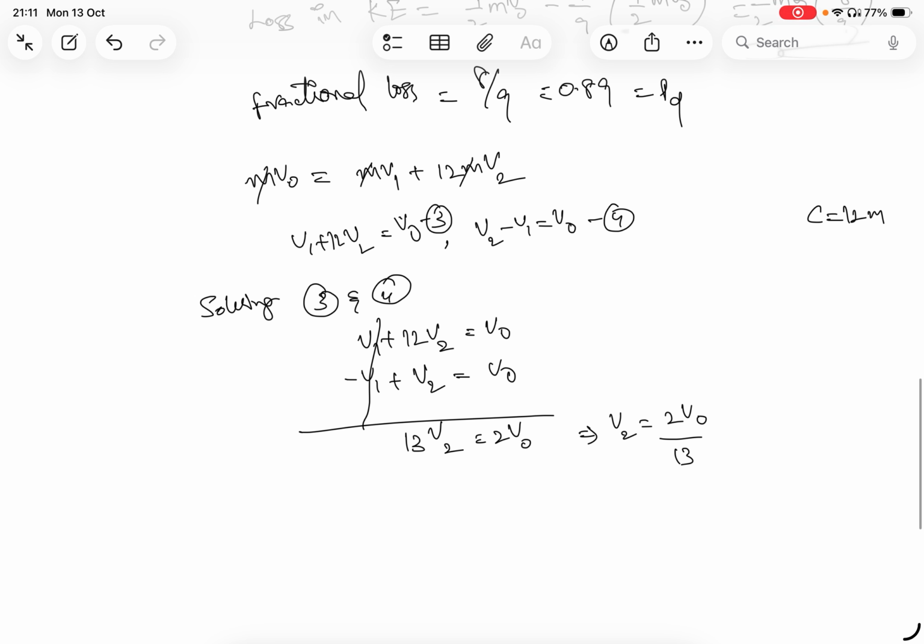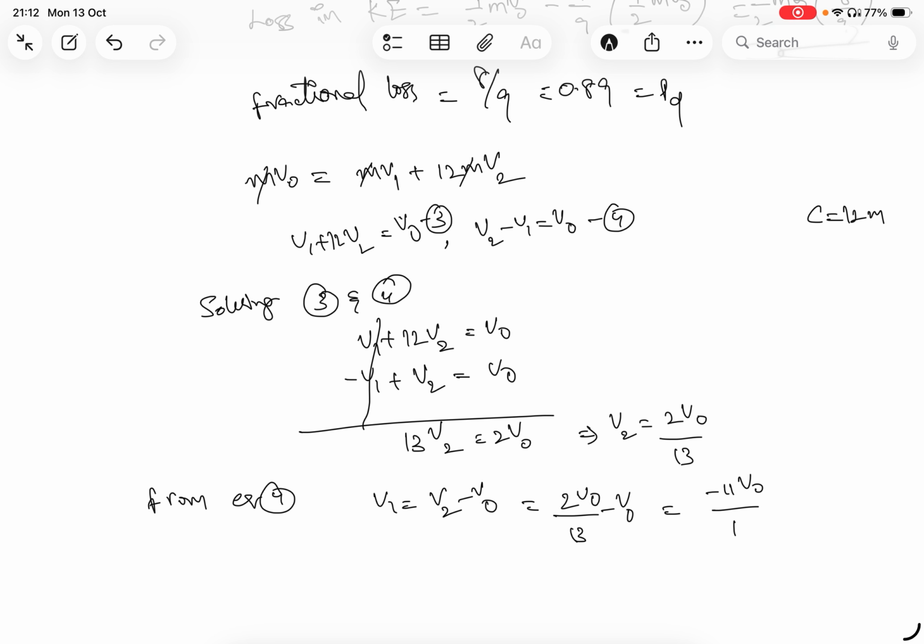From equation 4, v1 equals v2 minus v0, which is 2v0 by 13 minus v0, that is 2v0 minus 13v0 by 13, which is minus 11v0 by 13.